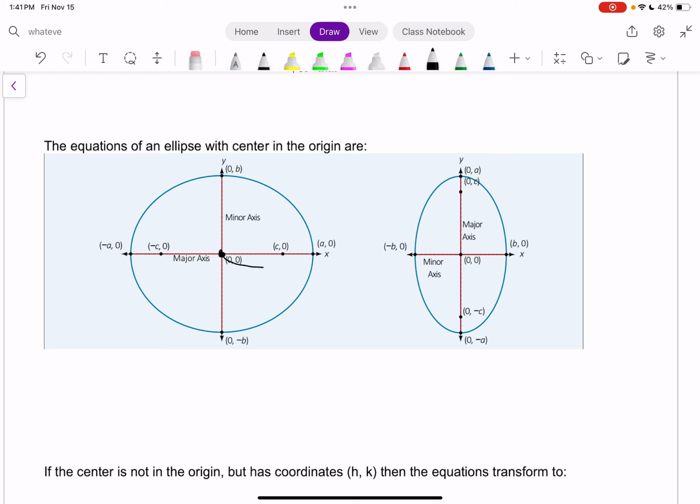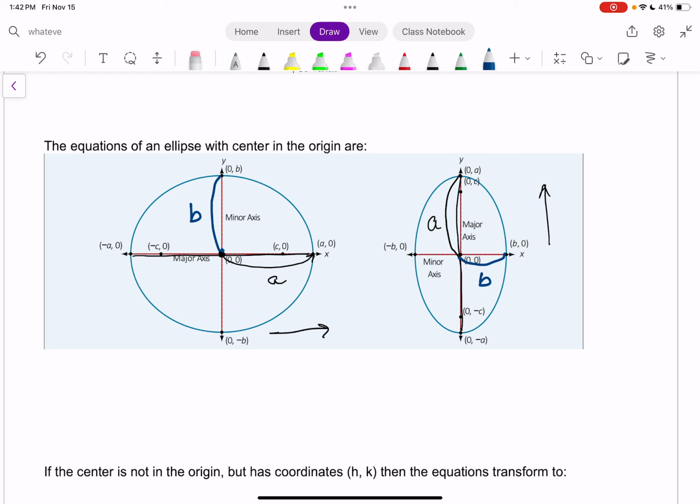The distance all the way from the center to the vertex is called A. And again, the ellipses can be elongated along the x-axis, or they could have their longer side along the y-axis. In other words, the major axis could be on the y-axis, or the major axis can be on the x-axis. Either way, the distance from the center to the vertex is A. The distance from the center to the co-vertex is B, so the shorter side is B.